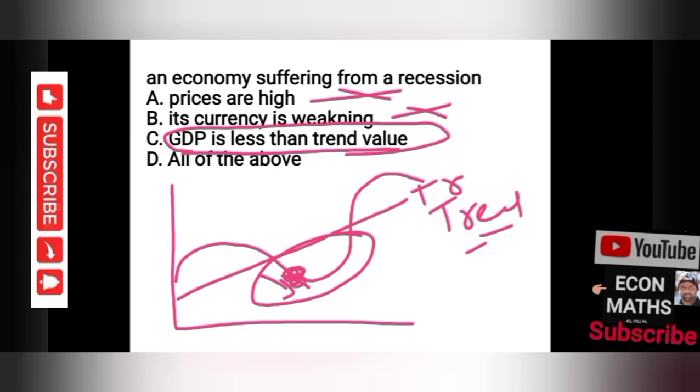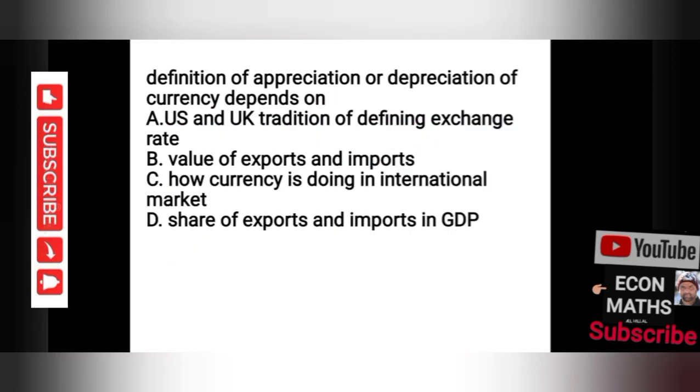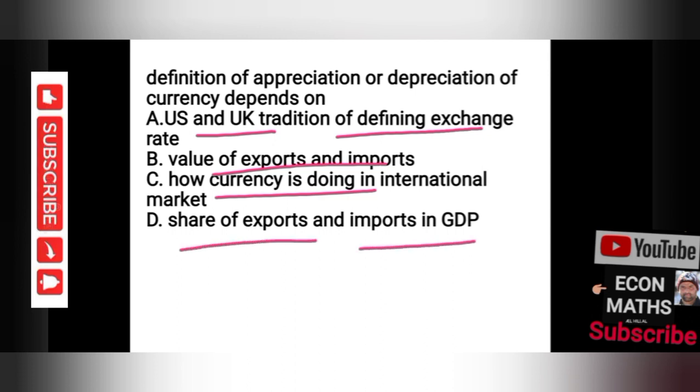Next question is, definition of appreciation or depreciation of currency depends on: first option is a US and UK tradition of defining exchange rate; B option is value of exports and imports; C, how currency is doing in international market; or D option is share of exports and imports in GDP.